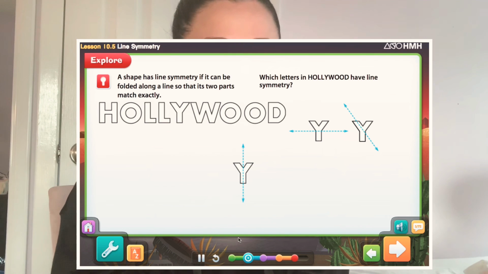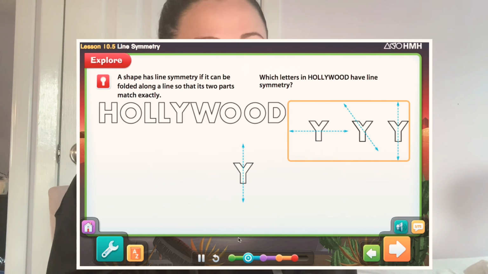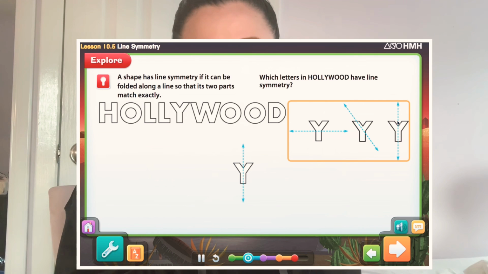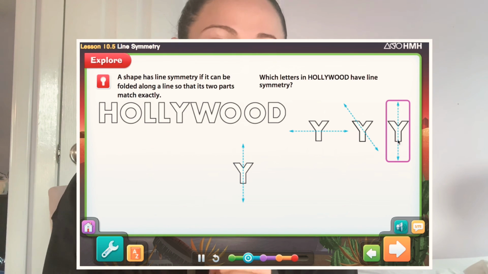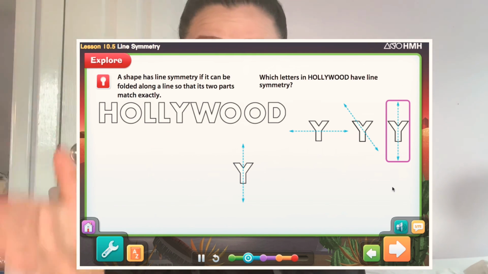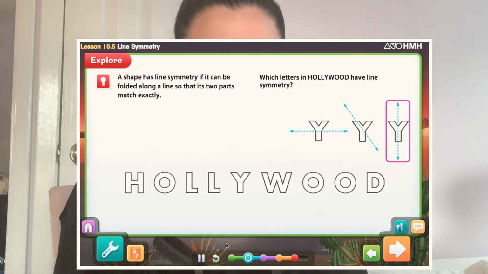As you see with the letter Y, we tested three different lines of symmetry, but only found one. Vertically showed a line of symmetry, horizontally did not, and neither did diagonal. So the letter Y only has one line of symmetry.